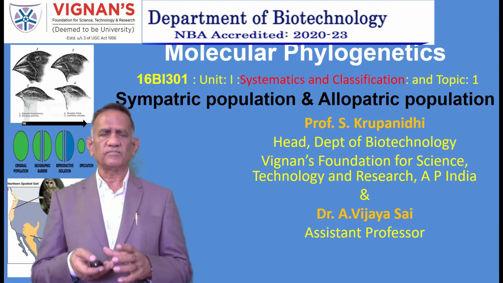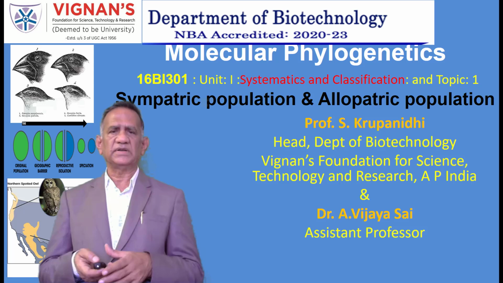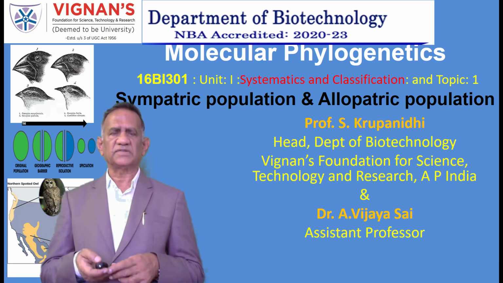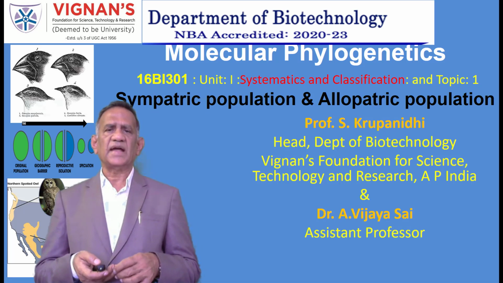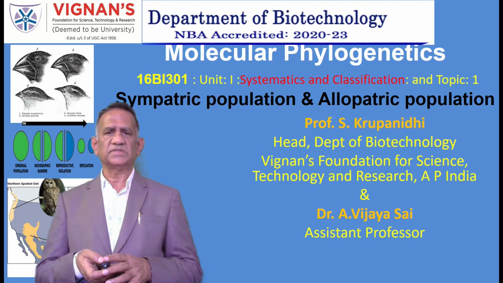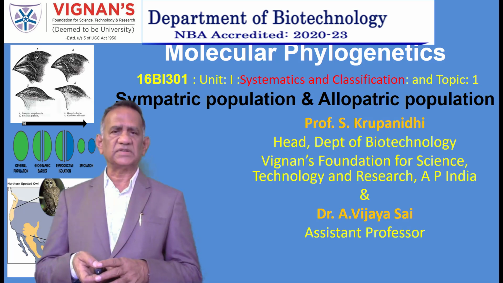Now in this line, this is the first topic we are seeing, and there are plenty of events where the DNA sequence plays a role in understanding the adaptation of organisms and the conservation of organisms in the environment. Why are we so particular about the organisms? Why are we so particular about conservation?